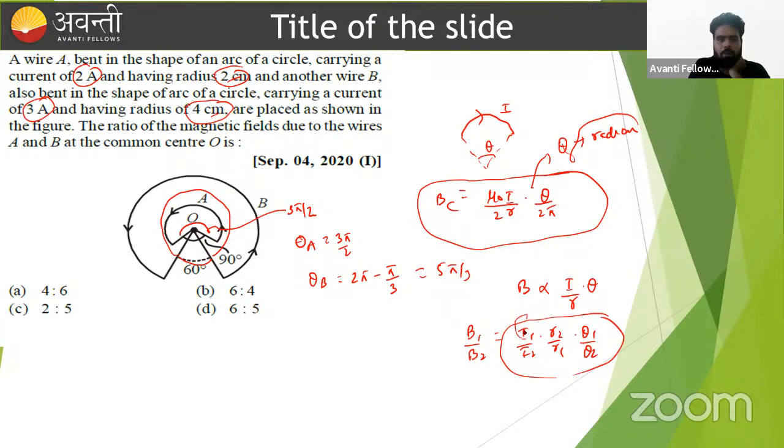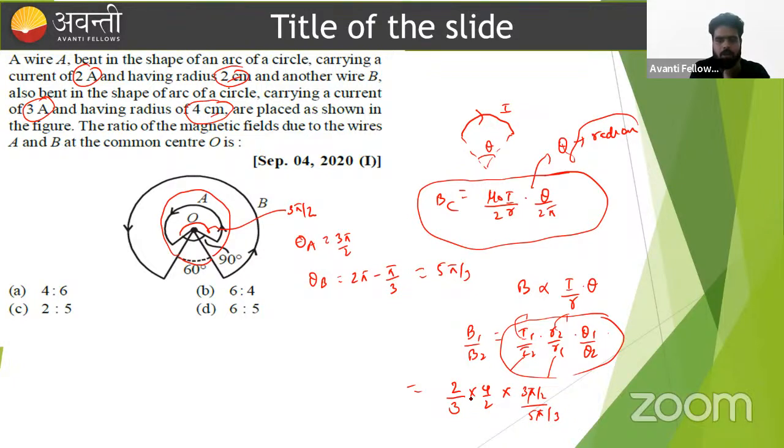Put the value of I1, that is 2 ampere, and 3 ampere, 4 centimeter, 2 centimeter. We put 2 upon 3, 4 upon 2, theta 1 upon theta 2, that is 3 pi by 2 divided over 5 pi by 3. I hope this is clear for everyone.